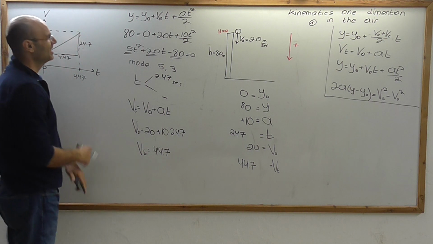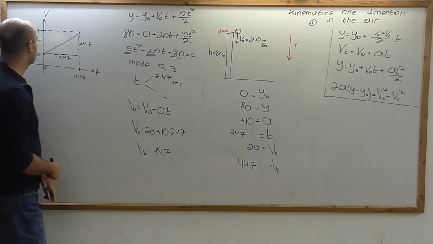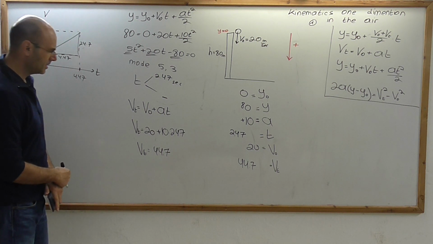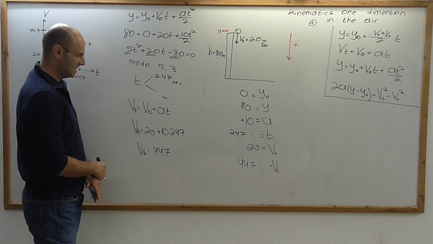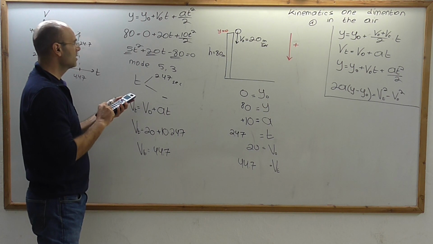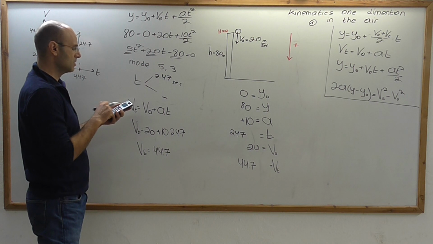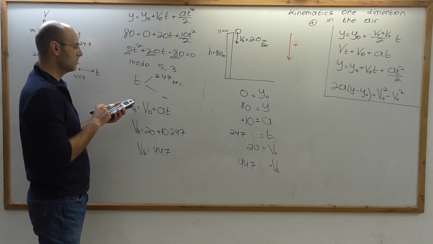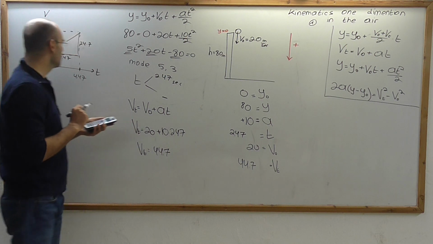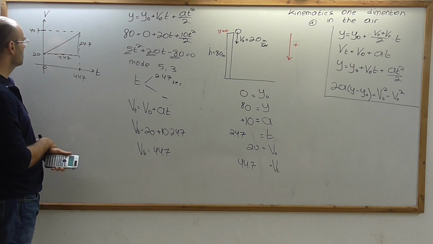Something I'm doing wrong, and I will find it. What is wrong? I'll find it in a minute. Maybe here again, I'll do it again. 5, 20 minus 80. 2.47, it was okay. 2.47 multiplied by 10 plus 20. 44.7 minus 20, it's 24.7.